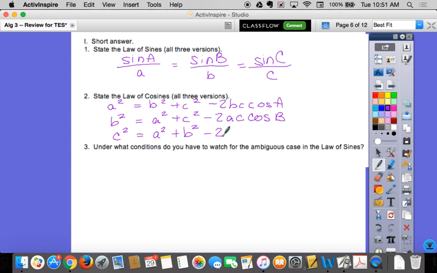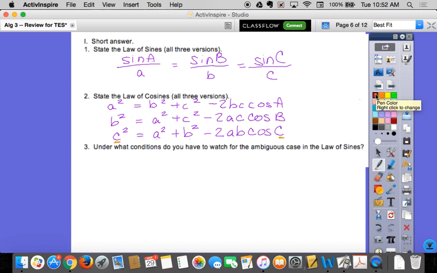And then you're going to subtract out 2 times these two sides over here together. And then the front and the back always match. So your angle and the side by himself is always the same. And those tell you what you're looking for. You're either looking for this angle or you're looking for that side, whichever one it is. So you can pick the version that you actually need.